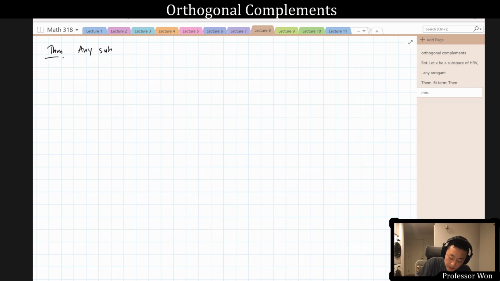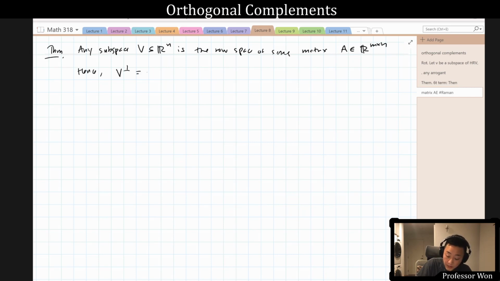It's just this: any subspace V in Rn is the row space of some m by n matrix A. Hence, the orthogonal complement of V is the orthogonal complement of the row space of A, so it's just the null space of A. What this means is that you can write down all of the orthogonal complementary subspaces as the row space and the null space of some matrix.